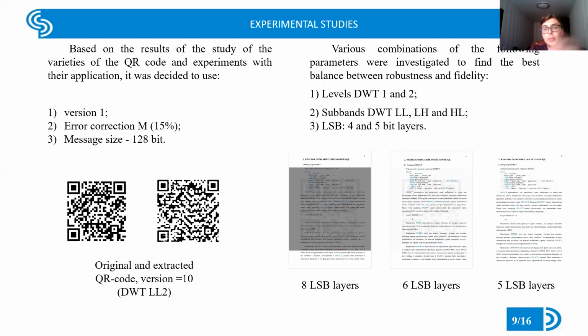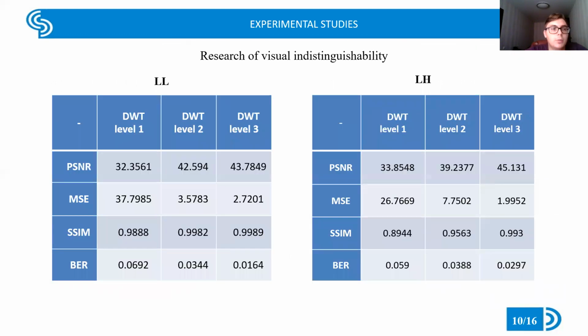Various combinations of the following embedding parameters were investigated to find the best balance between robustness and fidelity: first and second level of discrete wavelet transformation, LL, LH, and HL subbands of DWT, and 4 or 5 bit layers of least significant bit embedding. For watermark stealth and reliability, the most important is the final image.